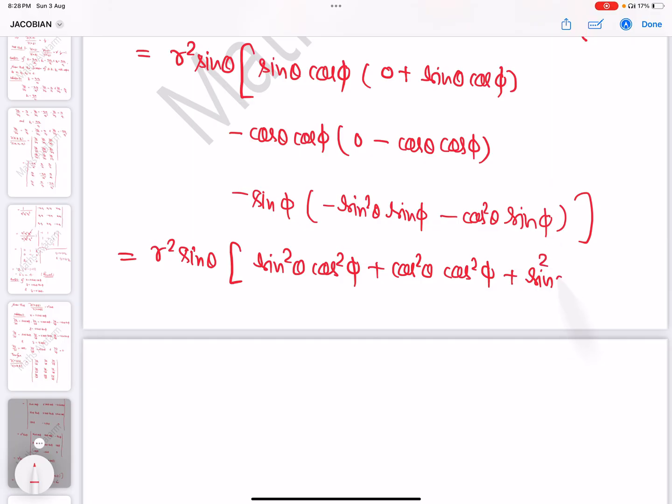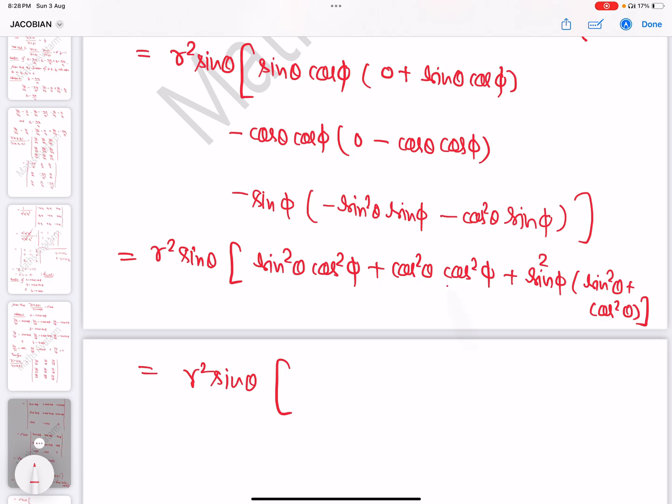So it will be sine square phi, okay, sine square theta plus cos square theta.